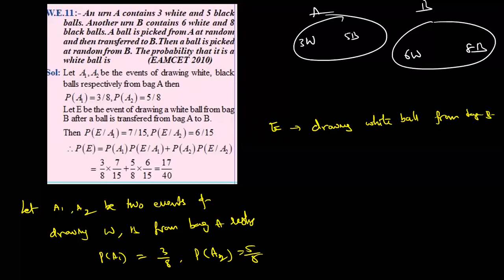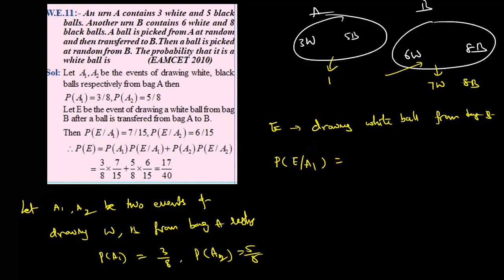When it is possible, one ball is drawn from A and put into another bag B. Then anyone, P of E by A1. Anyone, what is the answer? What is the meaning? One ball is drawn here. A1 means drawing a white ball. I can keep it in the second bag. Now how many balls now? 7 white balls, 8 black balls.